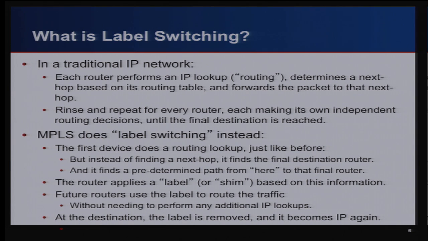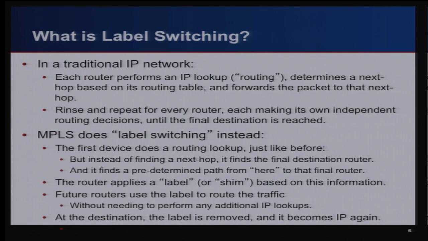What MPLS does is label switching. So what happens here is the first device, when you take it in, does the lookup in the routing table just like normal. But instead of finding a next hop, it finds the actual final destination router. And then it tunnels that packet inside of a path. It's called an LSP, a label switched path. So it applies a label to that packet.